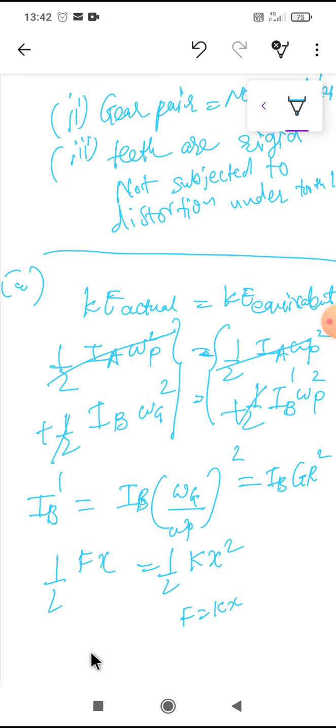In a rotor system we can use the same formulas, but instead of force it will be torque, and instead of linear distance we use the angular distance, that is the angle theta. So there will be 1 by 2 T theta, or we can use 1 by 2 k torsional into theta square, where T is equal to k t into theta.